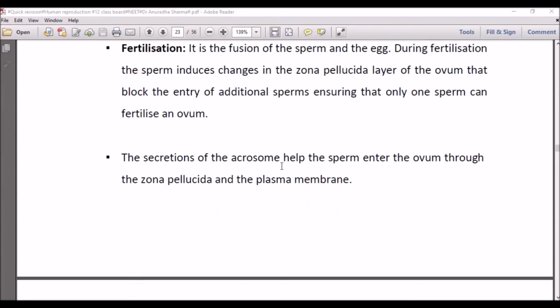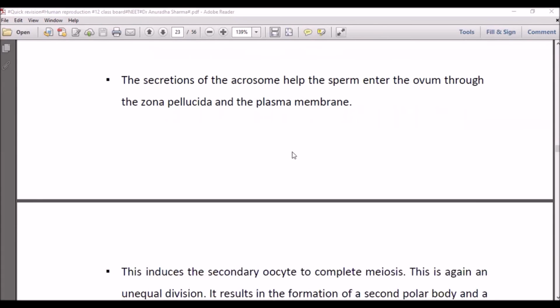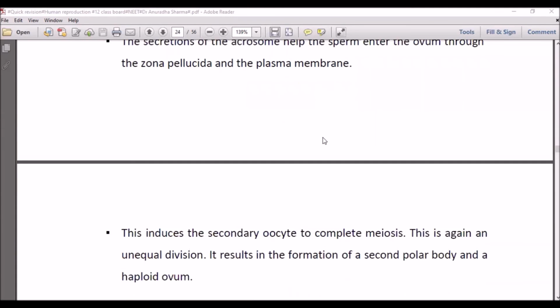I have already told you that the acrosome contains secretions or enzymes that help the sperm to enter the ovum through the zona pellucida and plasma membrane. So they help the sperm to fertilize the ovum fast.